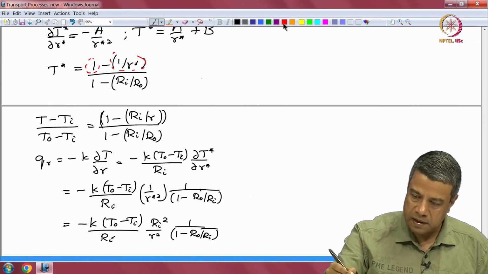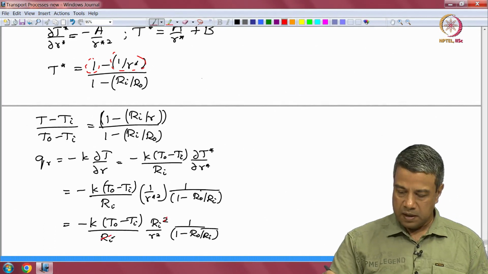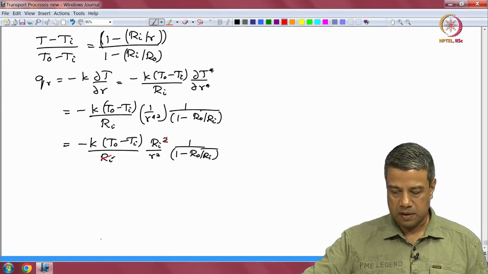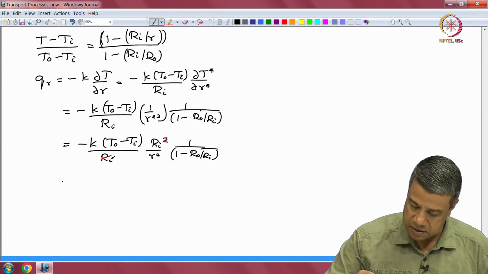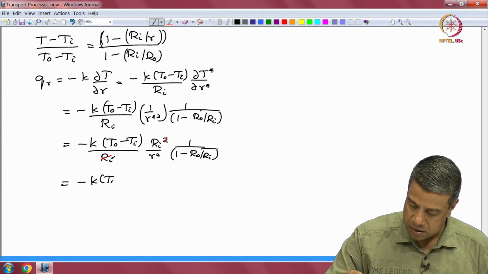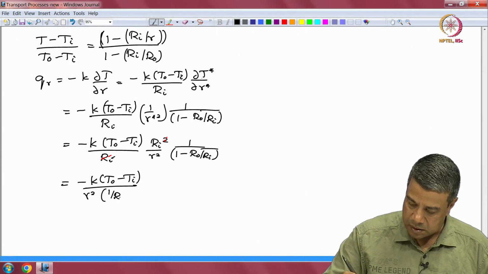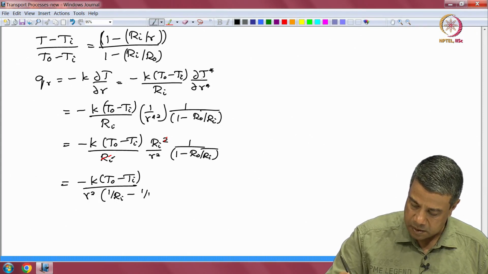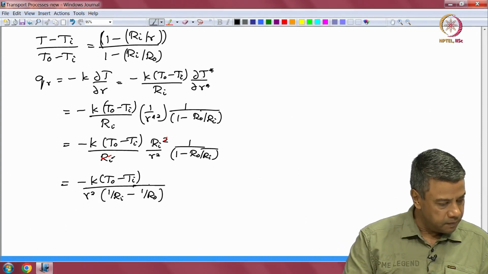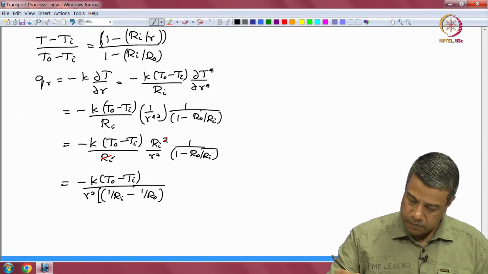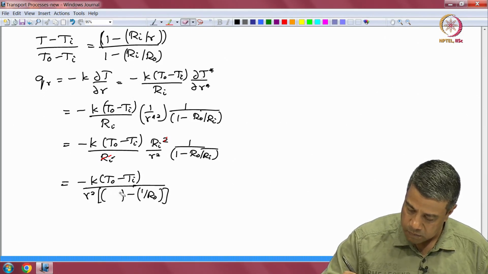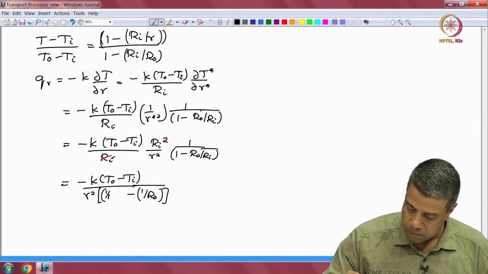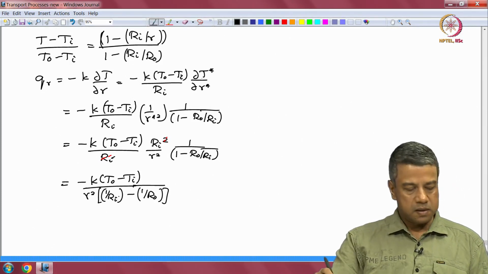One factor of Ri will cancel here, and the second factor can be absorbed into the denominator, and finally I will get this as minus K into TO minus TI by R square, 1 by Ri minus 1 by Rho. So, that is the heat flux.